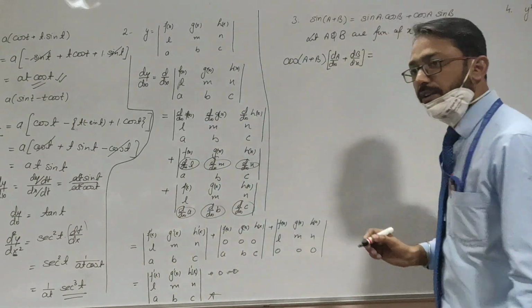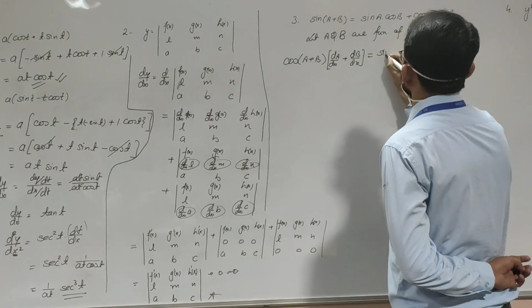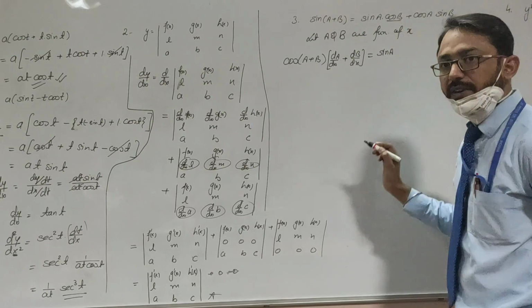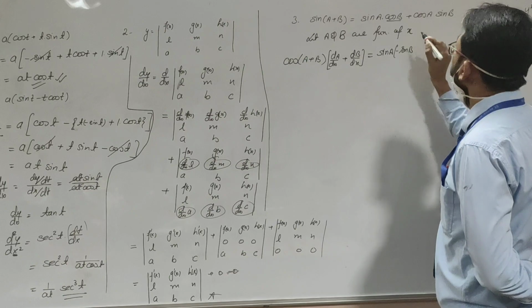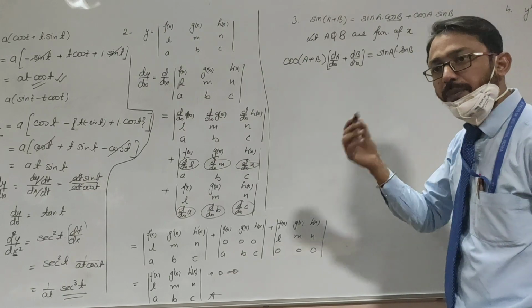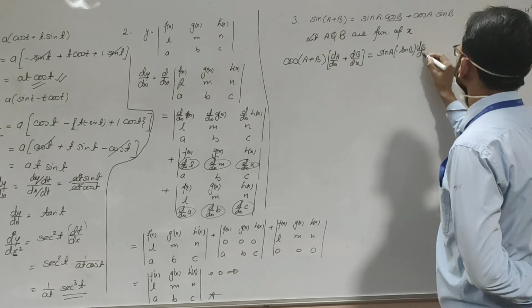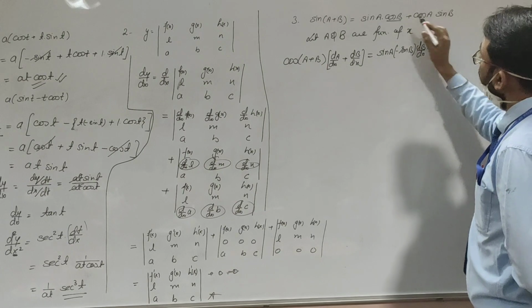Now over here we need to apply the product rule. First function sin A, differentiation of cos B will be minus sin B, and then differentiation of B will be dB/dx, plus the same thing.